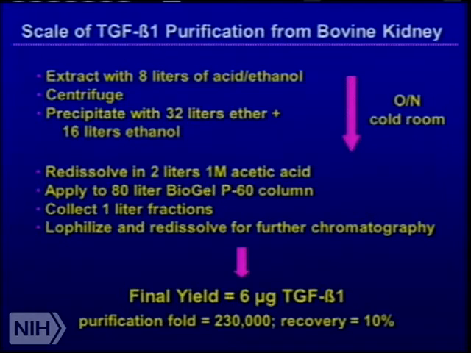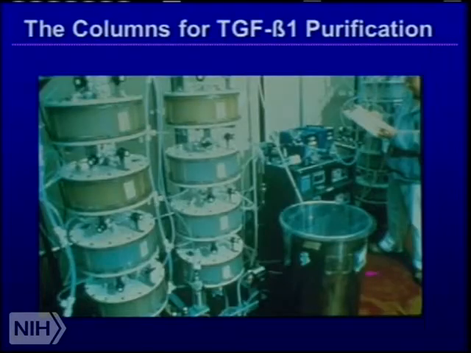So final yield was typically 6 micrograms of TGF-beta1 protein. And this resulted in a 230,000-fold purification. So to give you some idea of the enormity of the columns that were used at that point, this slide shows the P60 columns that were used, and there's a 55-gallon drum on the right side of the slide that was used for collection purposes.